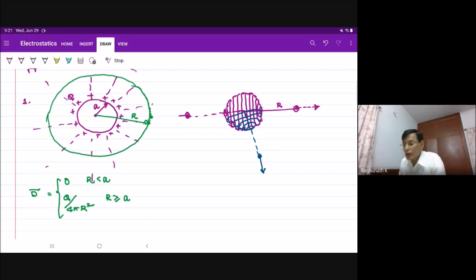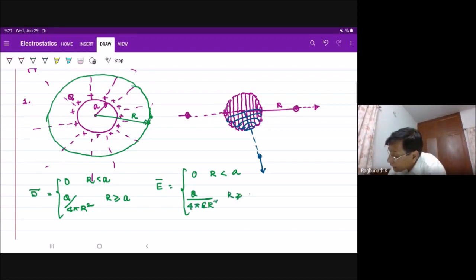Okay. So the electric field intensity is equal to 0 for r less than a, and Q by 4 pi epsilon r squared for r greater than or equal to a. That means, are you comfortable? I'm giving the next point.